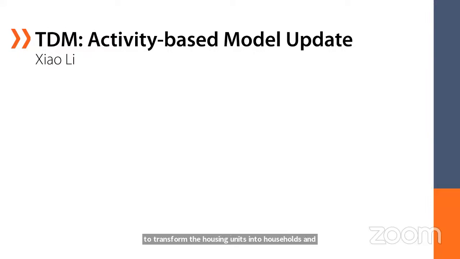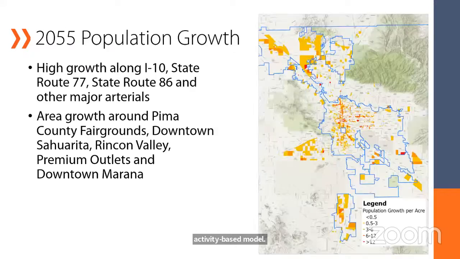We also aggregate the land use model employment outputs at the MAZ level, together with the household and population data, to run our activity-based model. Here we are showing the population growth per acre and employment growth per acre we apply to our activity-based model as inputs based on the outputs of our land use model.